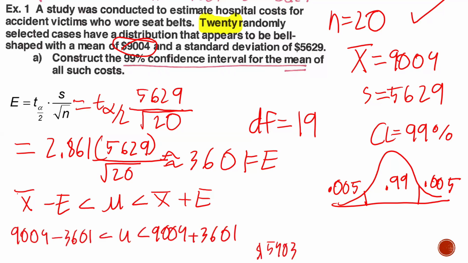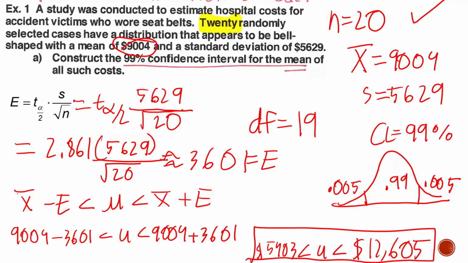That means I am confident at the 99% level that the mean of hospital costs in America for being in an accident while wearing your seatbelt is between $5,403 and $12,605.